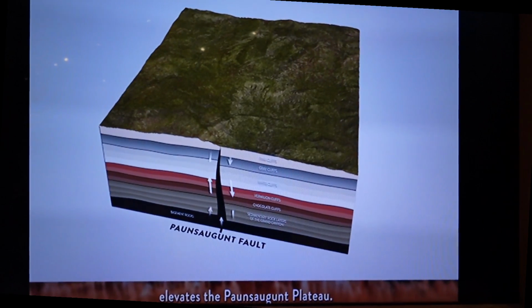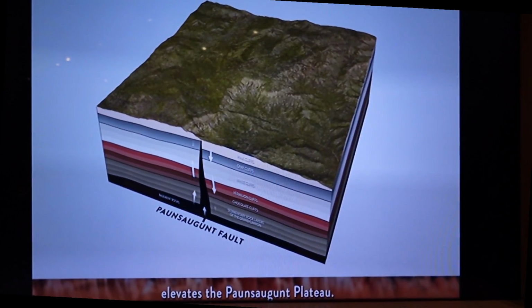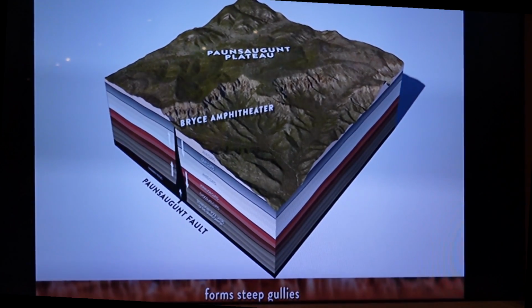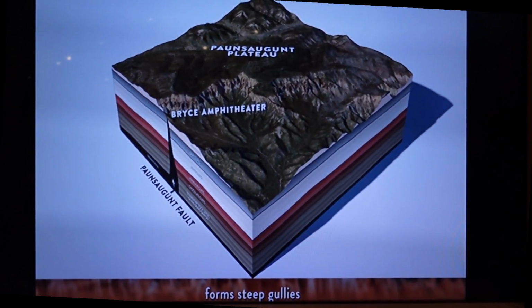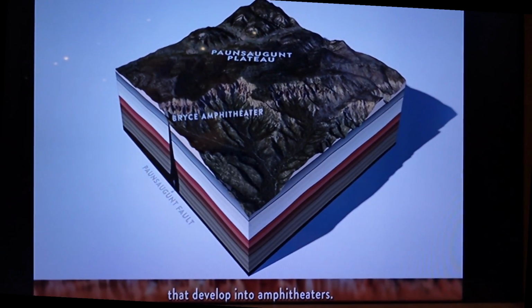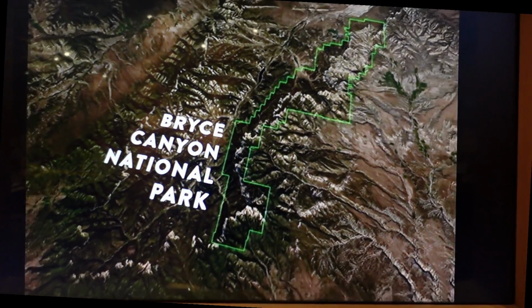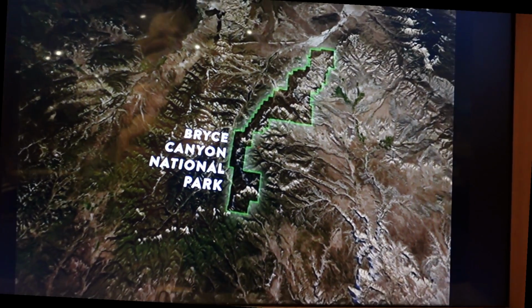You'll see one side goes up, one side goes down. And erosion through time develops those amphitheaters, and we have today Bryce Canyon National Park.